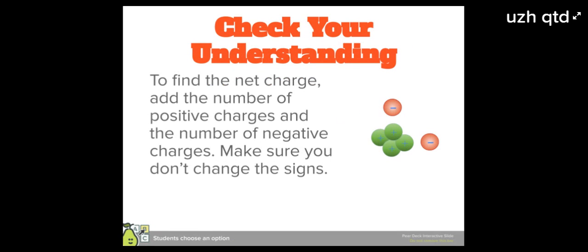So let's check our understanding. Remember that to find the net charge, you're just going to add the number of positive charges and the number of negative charges. What is the net charge for this atom?